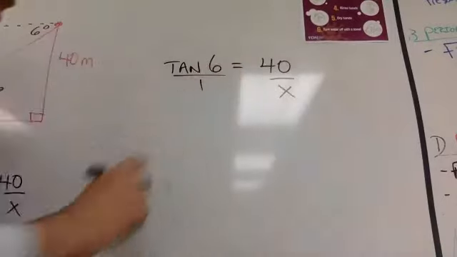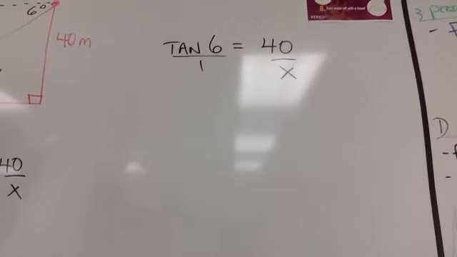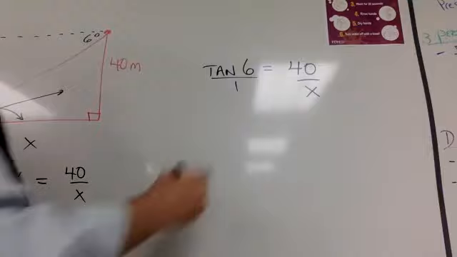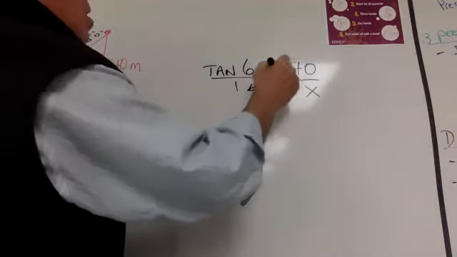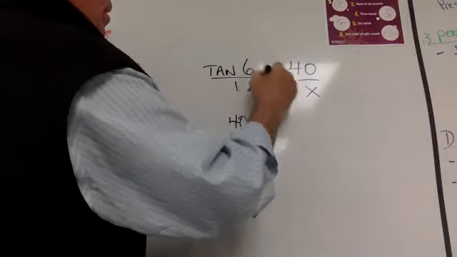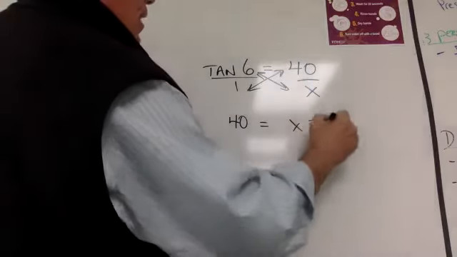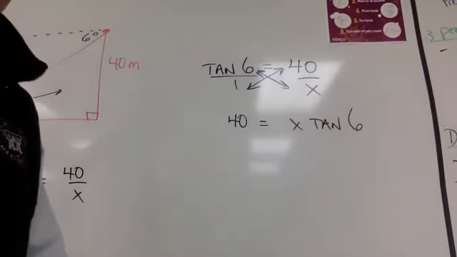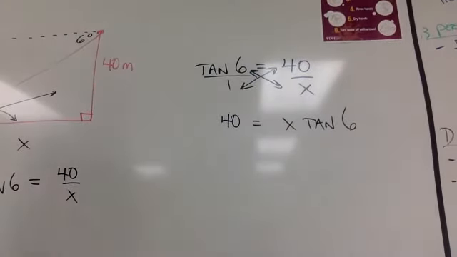Who wants to solve that for me? What's the first thing we do? Cross multiply. 40 equals x times the tangent of 6. How do you get x by itself? Divide by tangent.